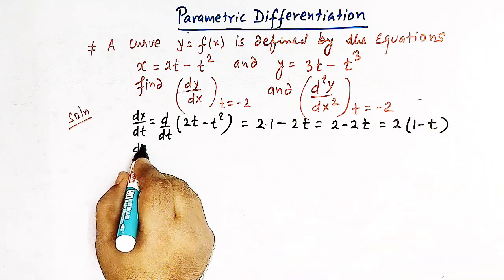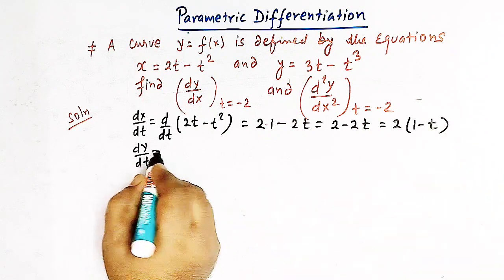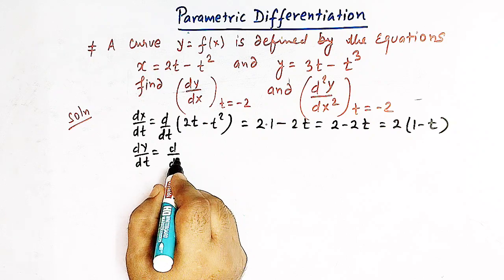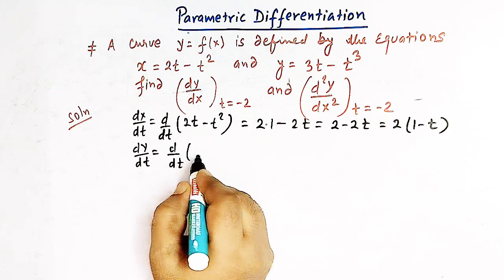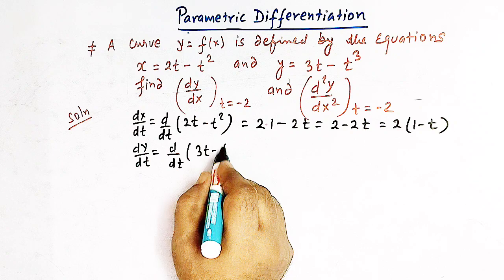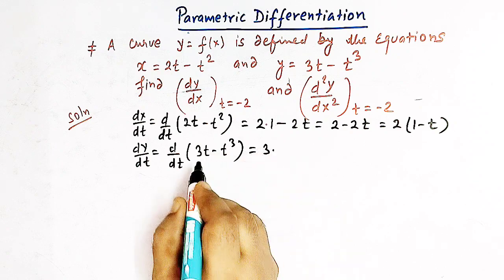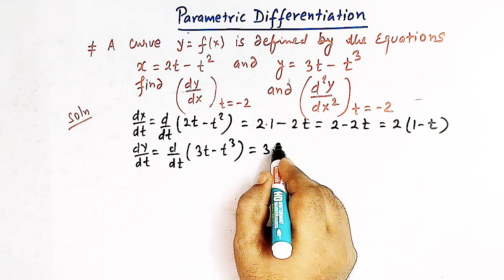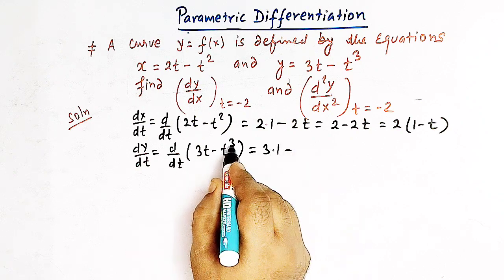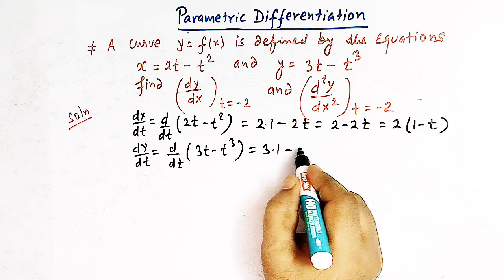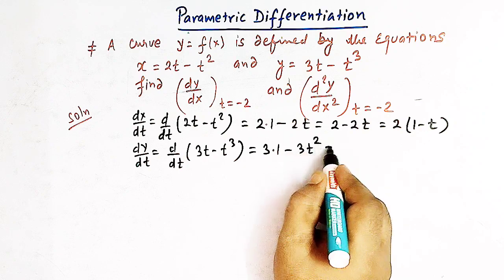Now similarly dy over dt is equal to d by dt of 3t minus t cube. So here again the derivative of t with respect to t is 1, and the derivative of t cube is 3t square, right?